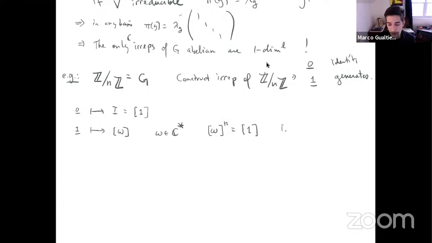Or in other words, omega to the n is equal to 1. So it has to be an nth root of unity. So the matrices are exactly these complex numbers.